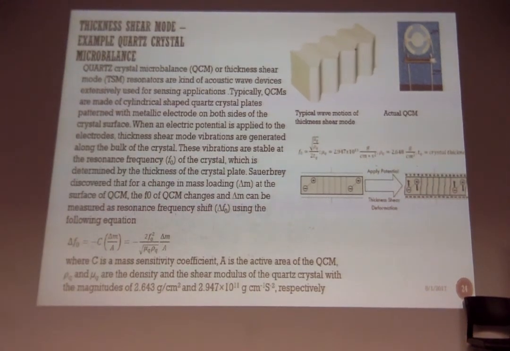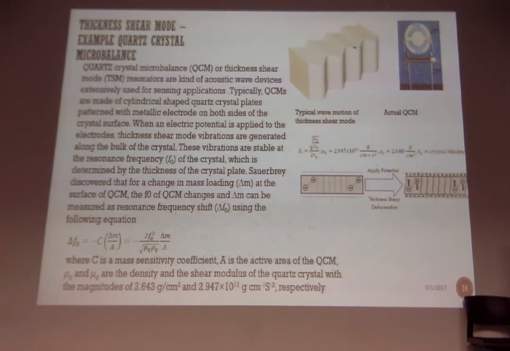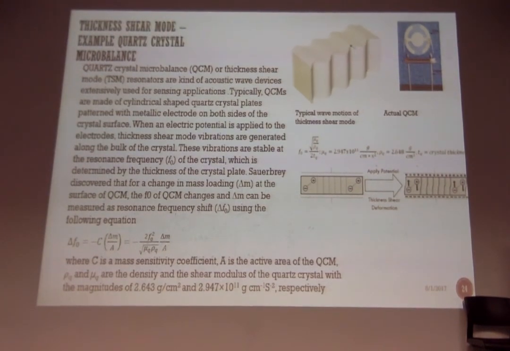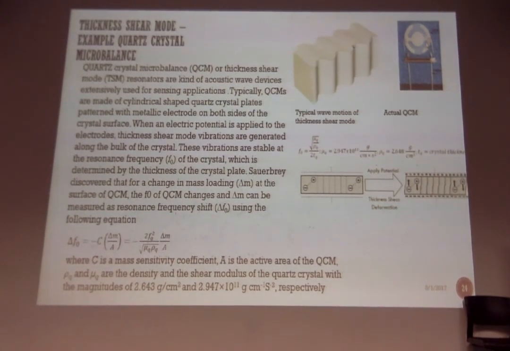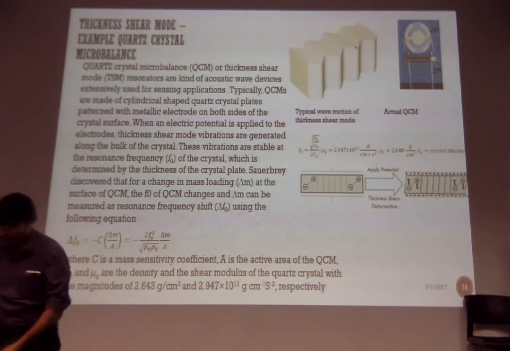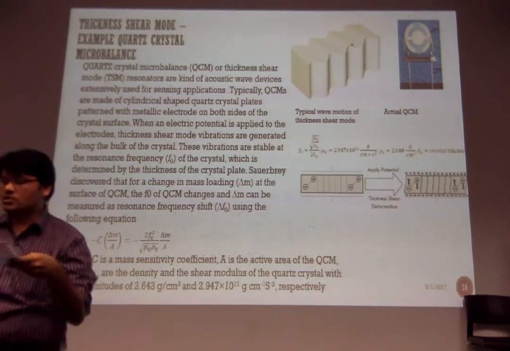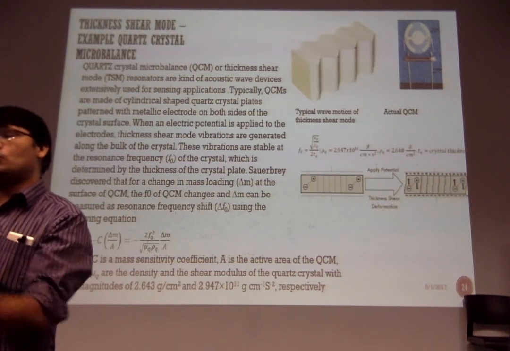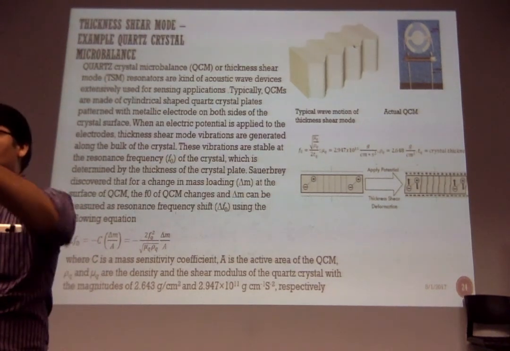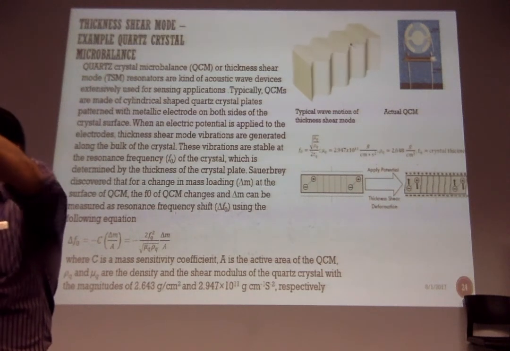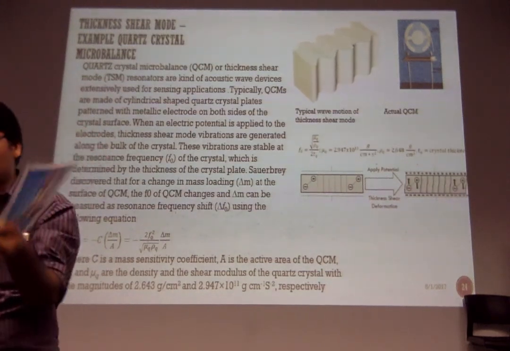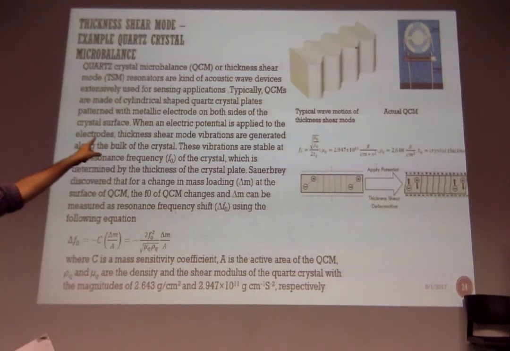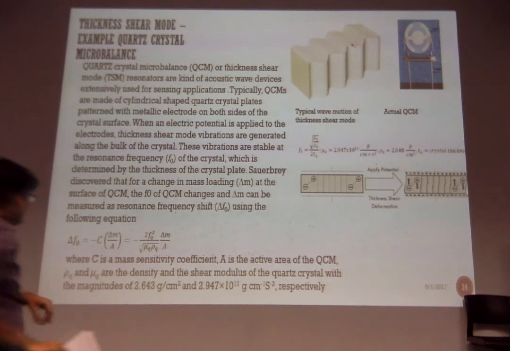This is primarily done with a quartz crystal. One electrode is made on the top and another electrode at the bottom. When you apply electric potential, there is a vibration along the bulk of this material. The material in the bulk vibrates, as in the picture.